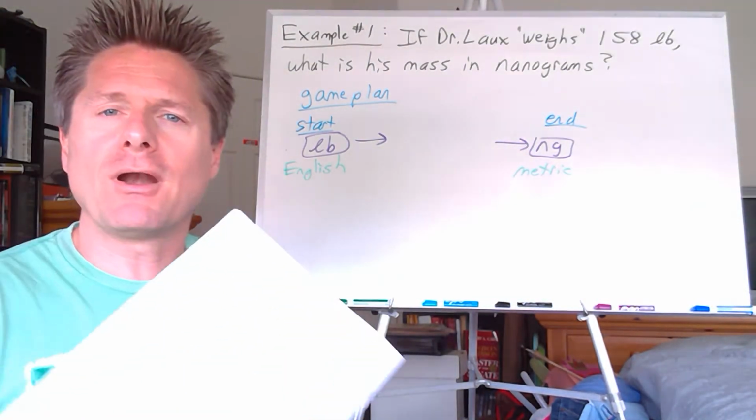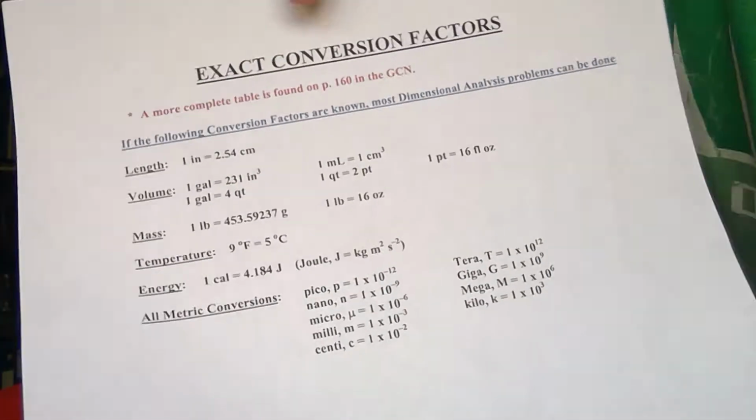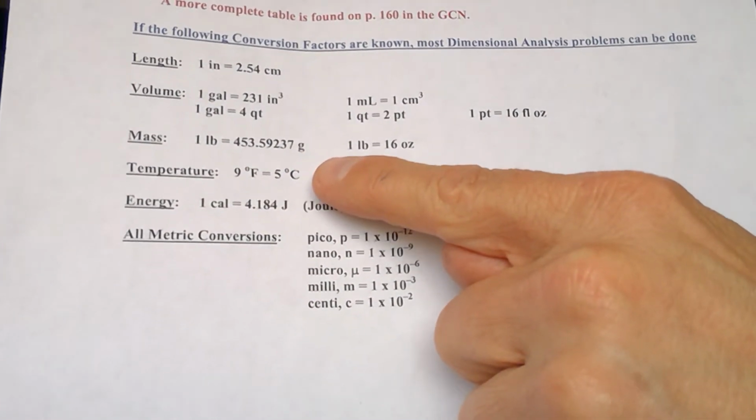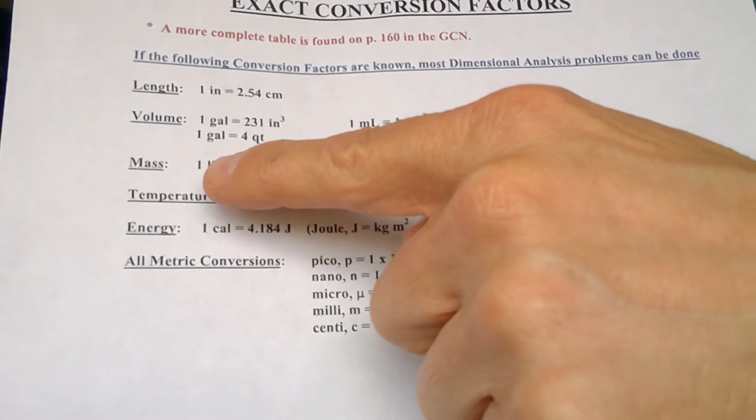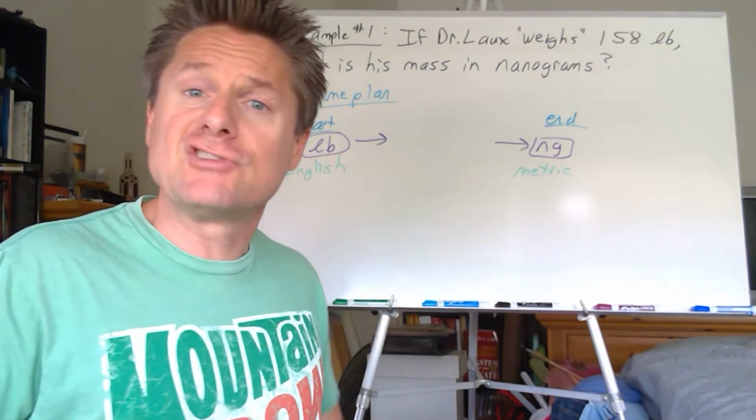So let's look at our exact conversion. We're going English to metric, so let's look under our mass, right? If you look under mass, I can go pounds to grams. I can't go pounds to nanograms, but I can go pounds to grams. That allows me to go from English to metric units.